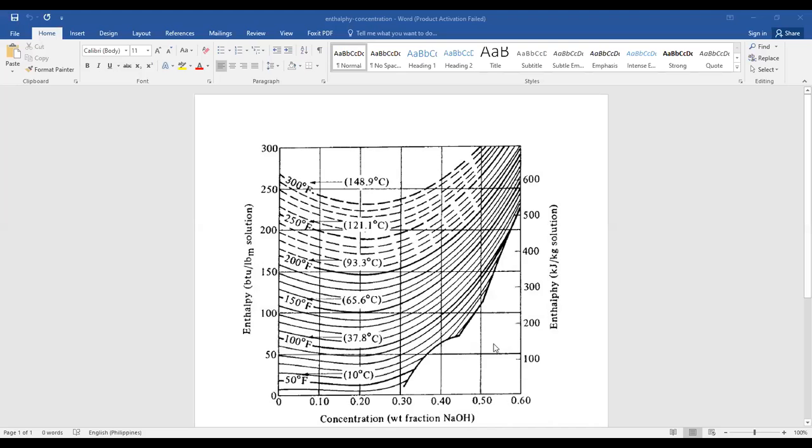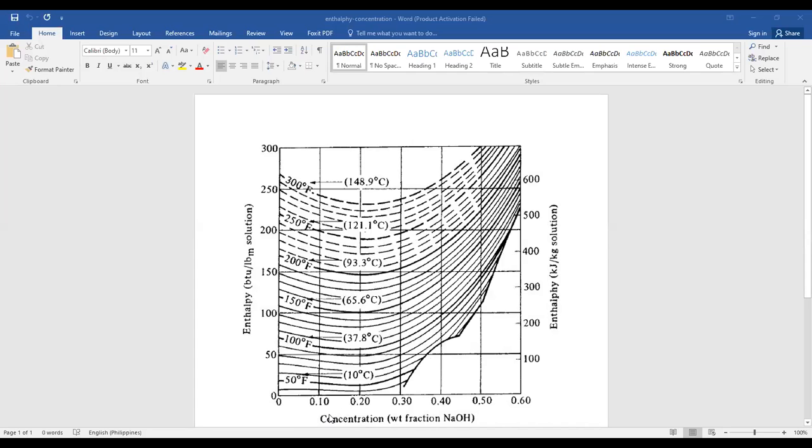Okay, so you could see that particular diagram now. This is the enthalpy concentration diagram. It needs the mole fraction of NaOH for whatever stream we are referring to, may it be the feed, may it be the liquor.